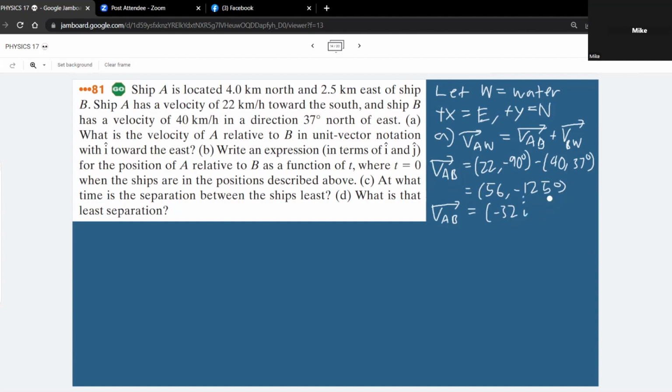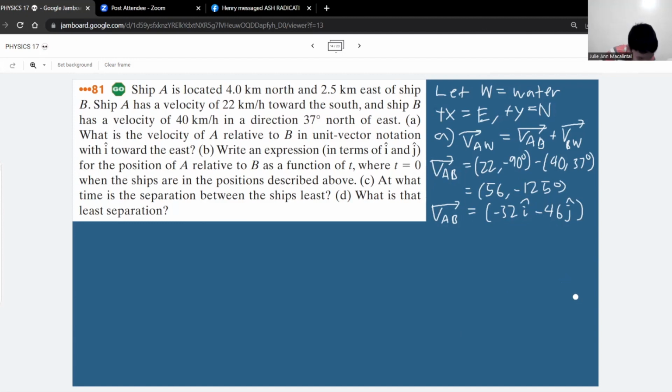Saan ang galing yung 56,125? Teka, magko-compute ako ng magnitudes. Plus. Pakita mo yung calculation.